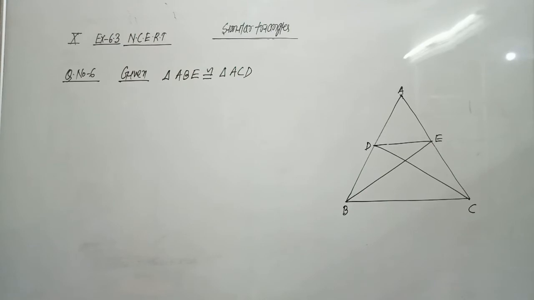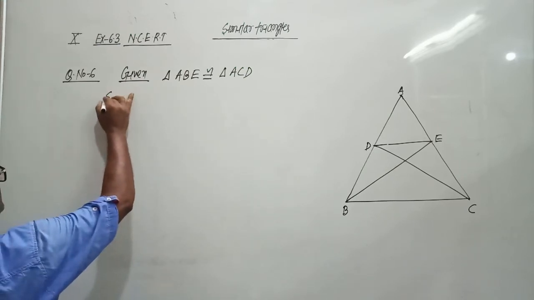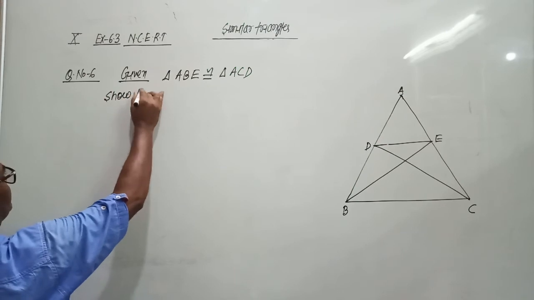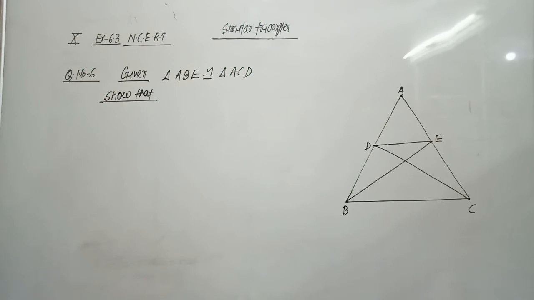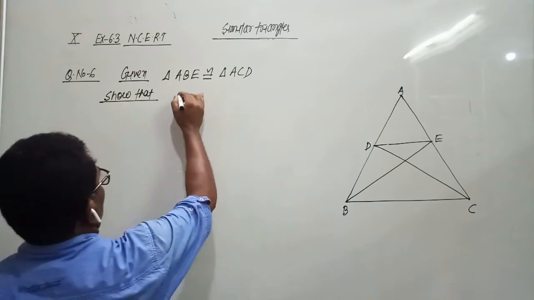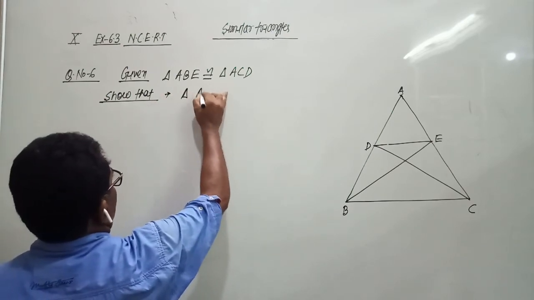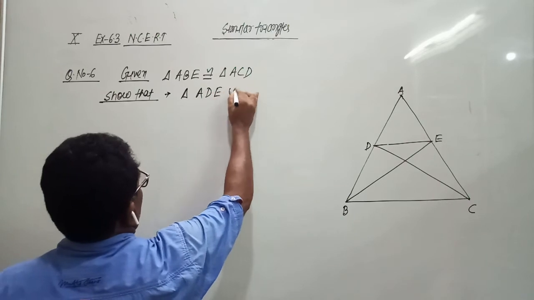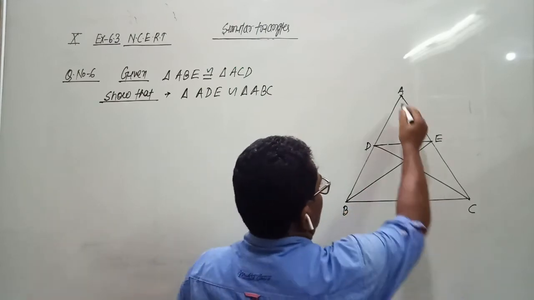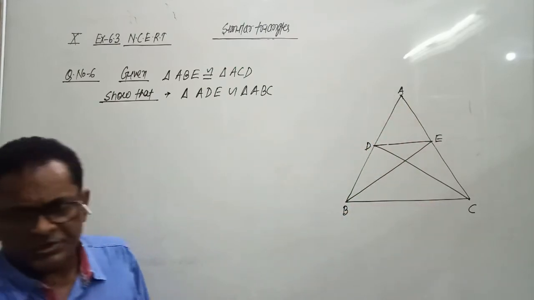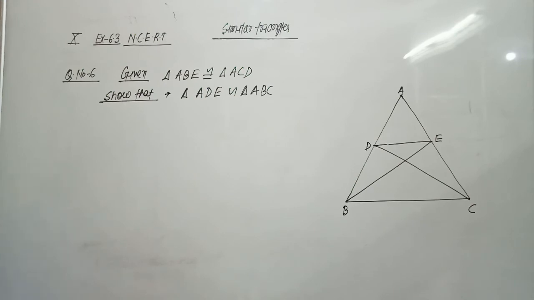And show that triangle ADE is similar to triangle ABC. This we have to prove.